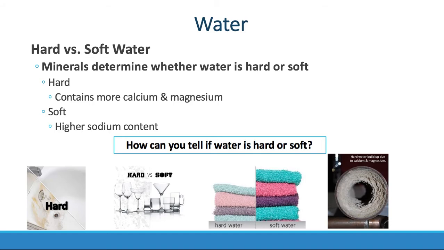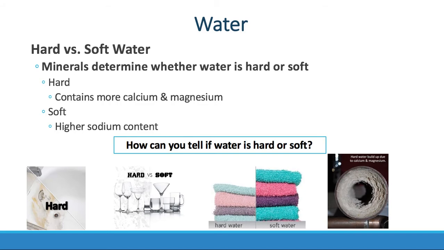So the type of minerals and the amount of minerals that are in water determine whether or not it is hard or soft. Hard water contains more calcium or magnesium, and soft water contains a higher sodium content.